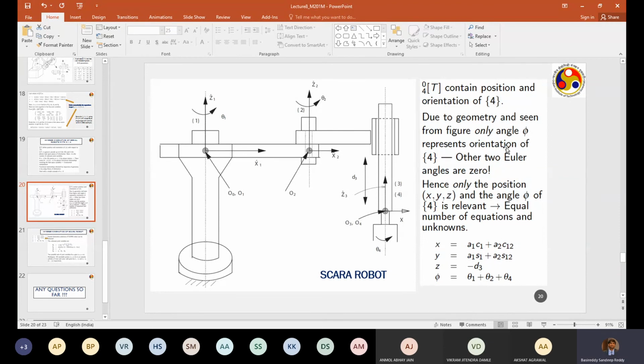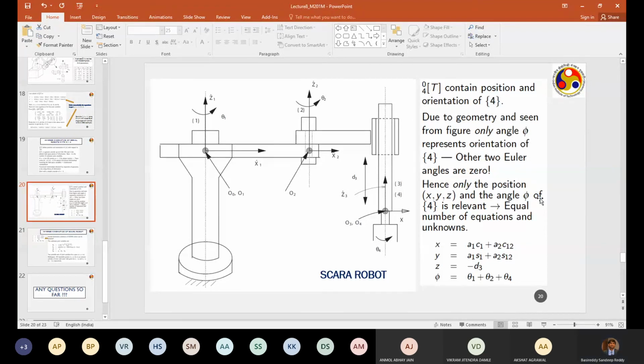The other two Euler angles are 0. When you make the calculation, this is what you will find. So only the position, that is x, y, z, and the angle phi is relevant in this case.